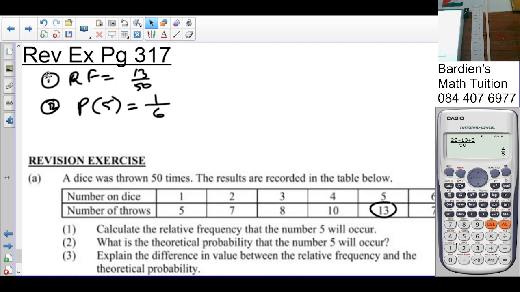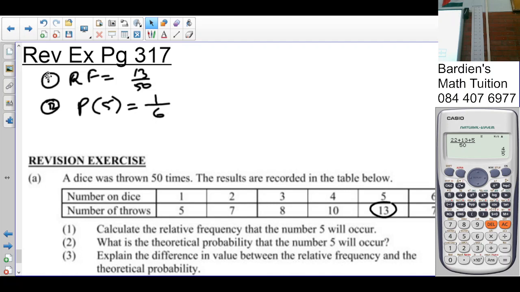So the relative frequency is the actual experiment that happened, and the theoretical probability is the number of possible favorable outcomes out of the number of possible outcomes. Why do they differ? Because if you had tossed the dice 500,000 times, it would come closer to the theoretical probability.